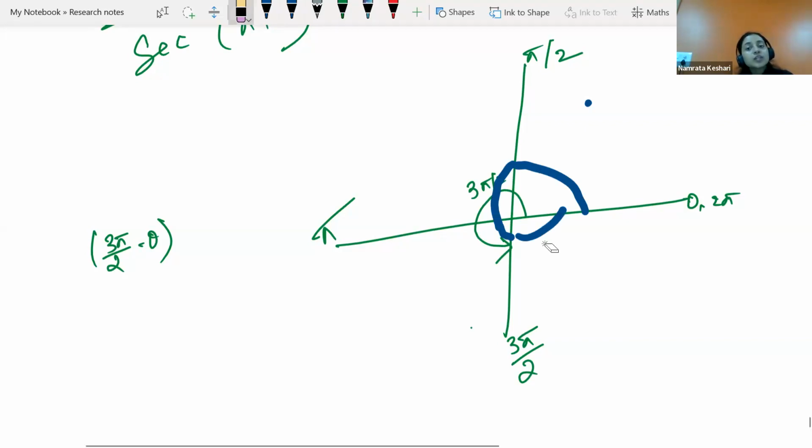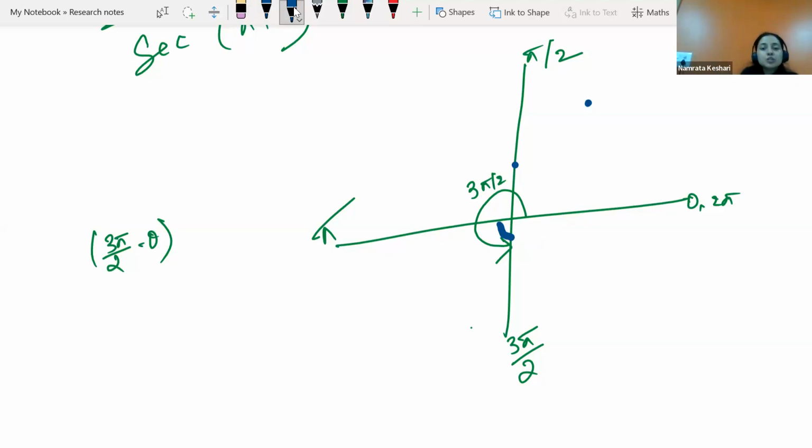So yes, 3 pi by 2 minus theta, or minus x, is going to lie in the third quadrant. This much is 3 pi by 2, and a little bit lesser than that. Theta is a very small angle, in between 0 to 90 degrees. If from this 3 pi by 2 you subtract 30 degrees, maybe it will come till here.